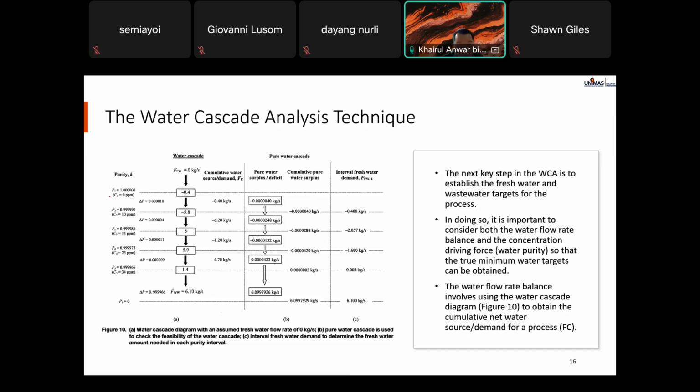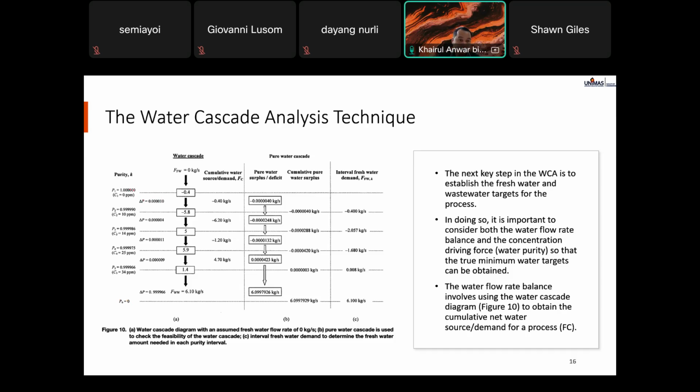So P1 is 1 with C1 equal to 0 ppm, and so on until P5. P6 is 0 because the concentration CK is 1 million. The 1 is the maximum. Then between the P values there are delta P, which refer to column 3 of the interval water balance.